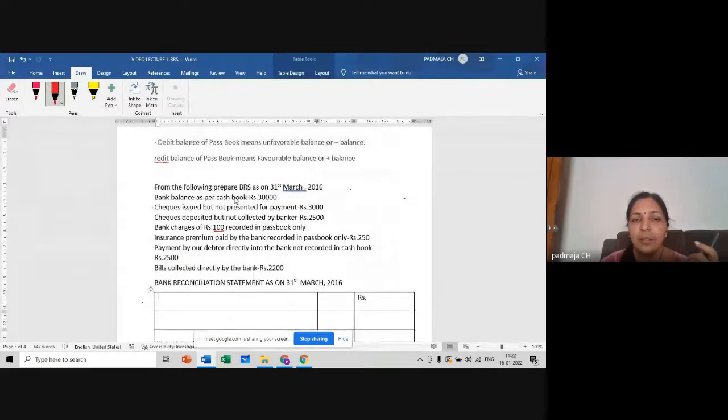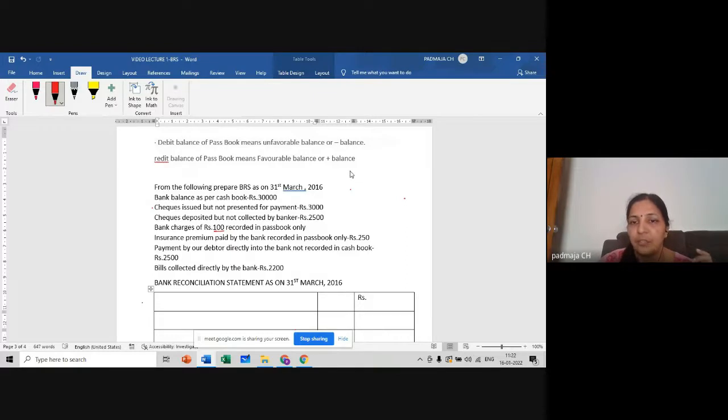From the following, prepare bank reconciliation statement as on 31st March 2016. So, what should be our heading? Bank reconciliation statement as on 31st March 2016. So before we work out any problem, you need to put three questions to each of the transactions.